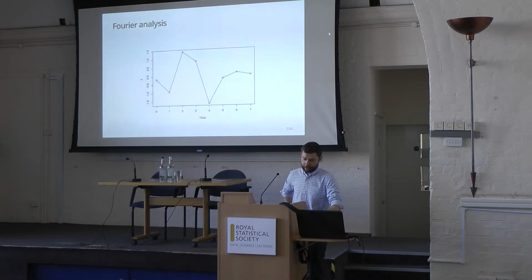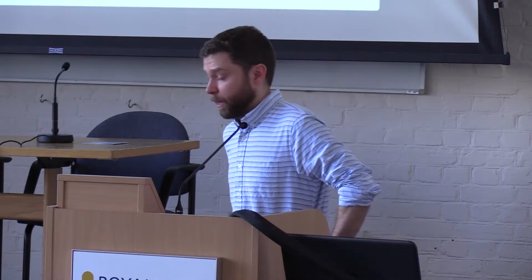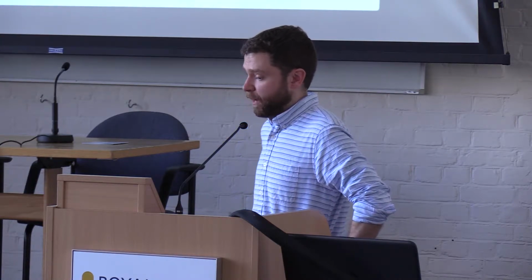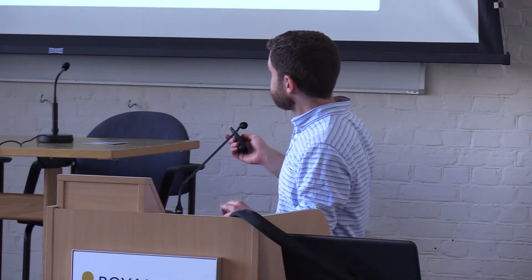And so Fourier analysis really is about going backwards, taking a time series and looking at the frequency components that could have contributed to it, that could have made it up. To make this more precise, I'm going to talk about real-valued time series indexed by tau, and these are the small case x.